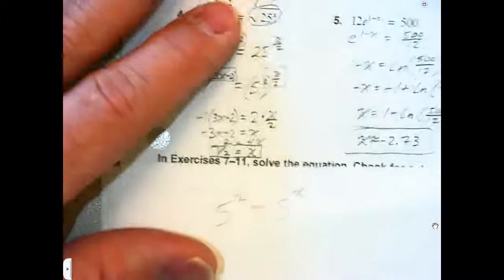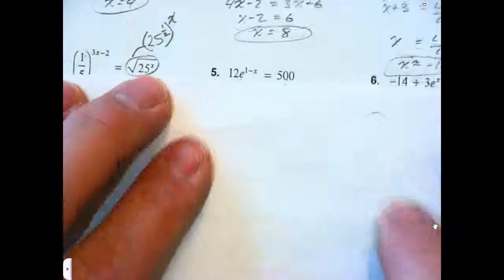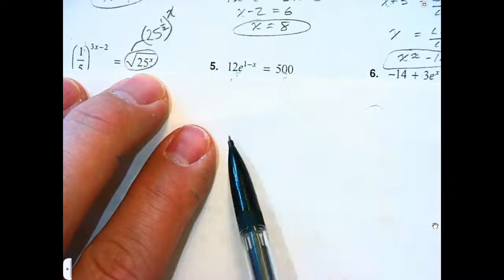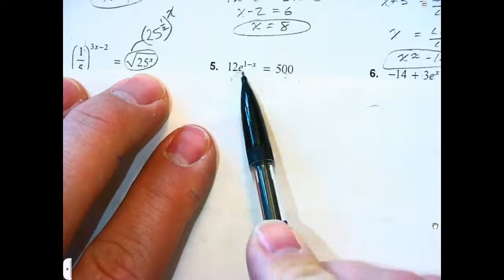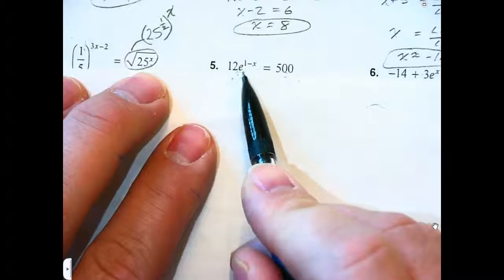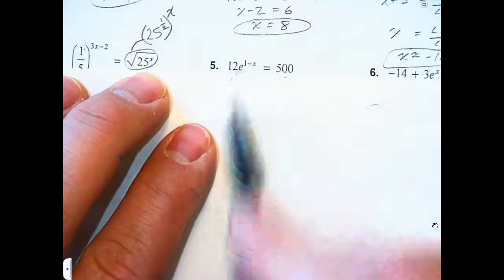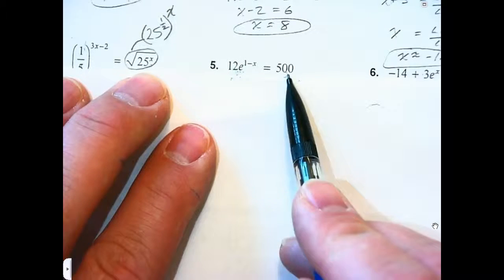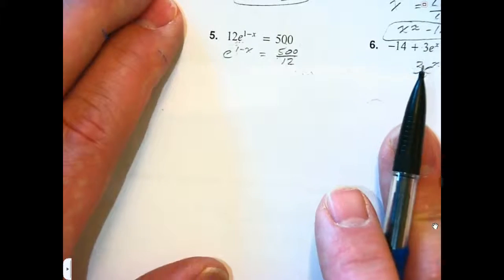Okay, number 5. What's the first question I'm asking? Are they the same base? No. Can you make them the same base? No, it's base e. Okay, the first thing though, I should really get the base by itself here. So I have to divide by 12, and then I probably should ask that question.